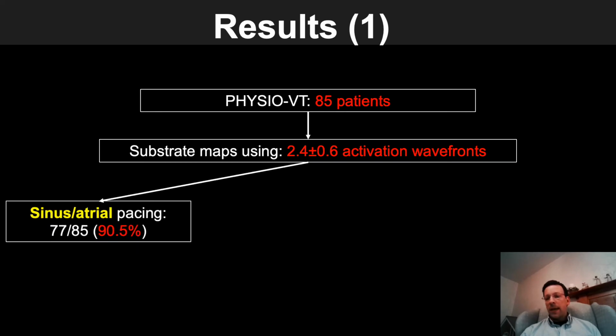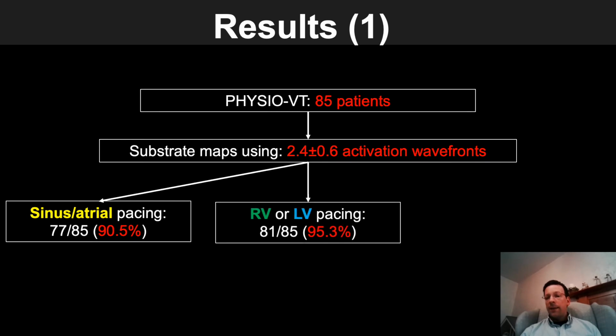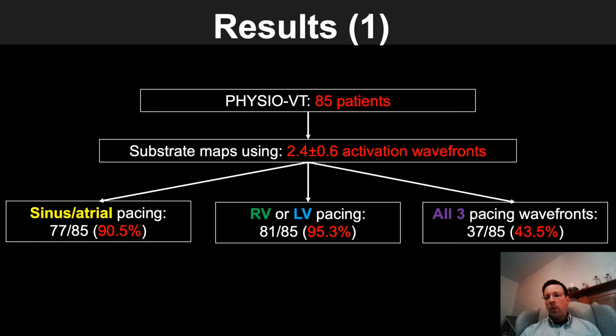Specifically, over 90% of patients were mapped during sinus rhythm or atrial pacing. RV or LV pacing was done in over 95% of patients. And all 3 possible pacing wavefronts, sinus or atrial pacing, RV pacing, and LV pacing, were used in 43.5% of patients.